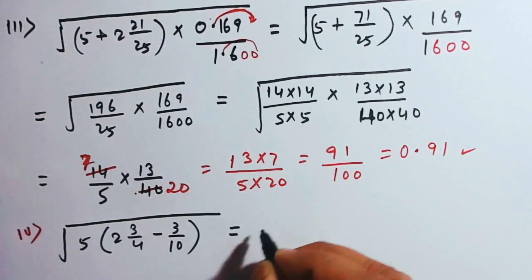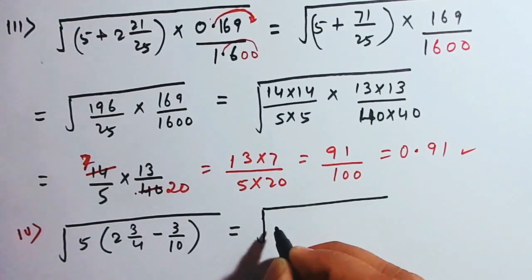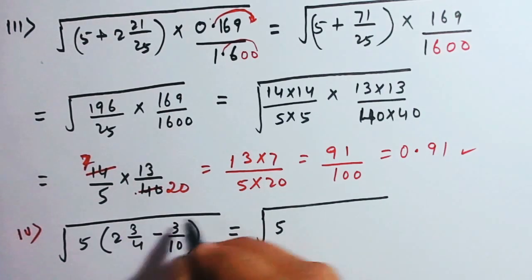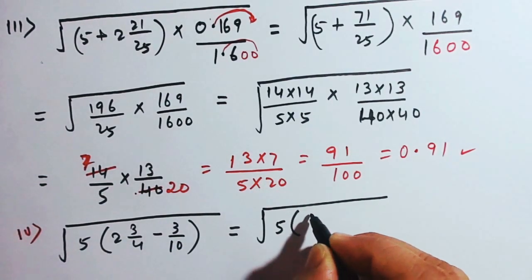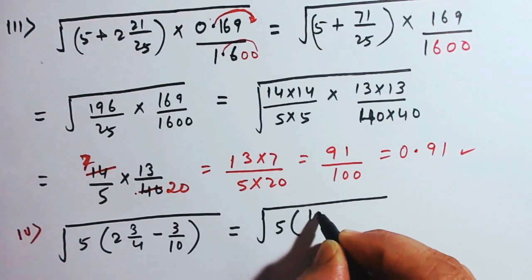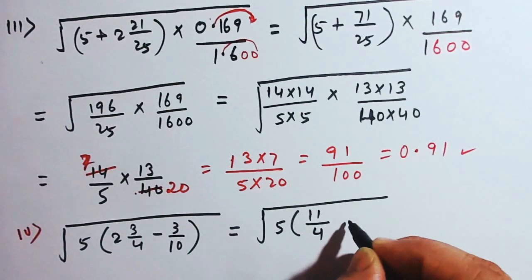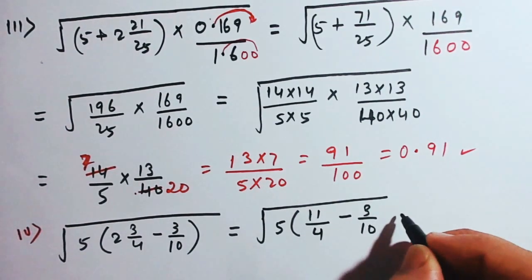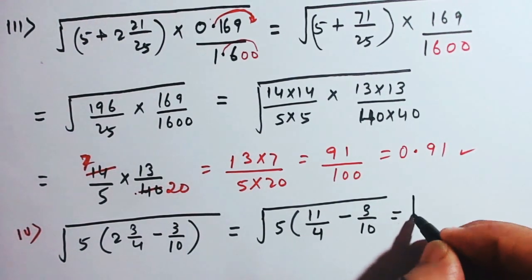So this can be simplified to 5, 4 2s are 8, 9, 10, 11. Let me put it in bracket only because I have not solved. 11 by 4 minus 3 by 10.